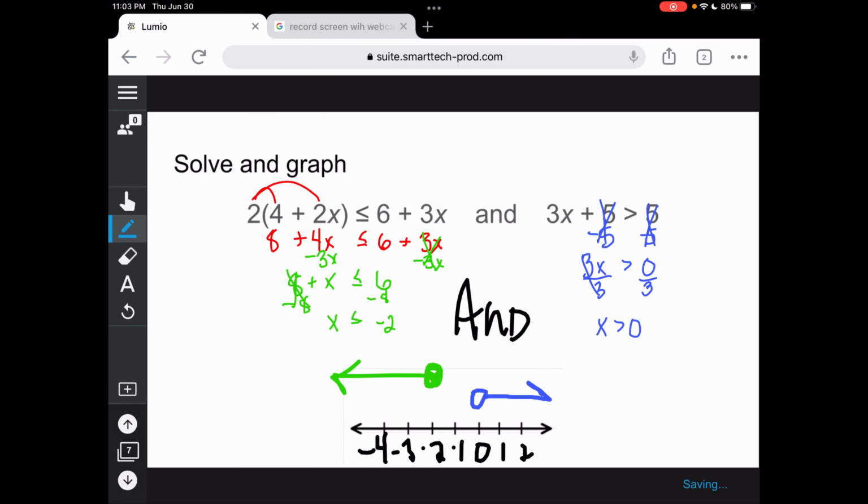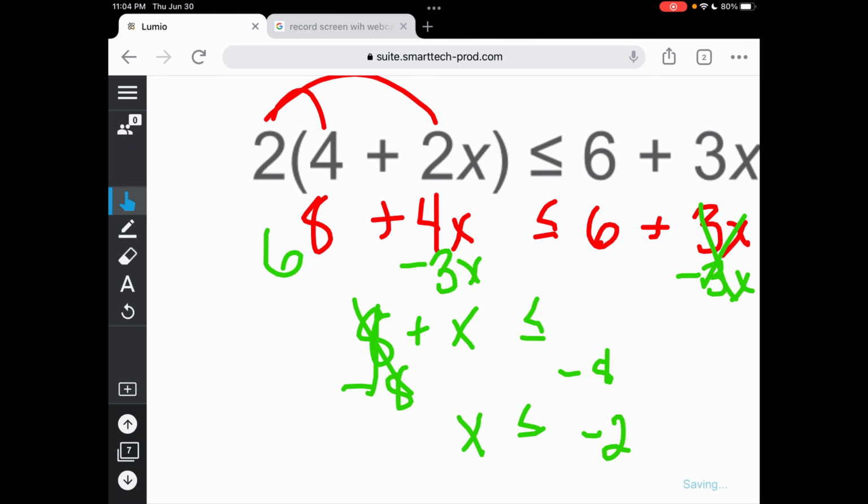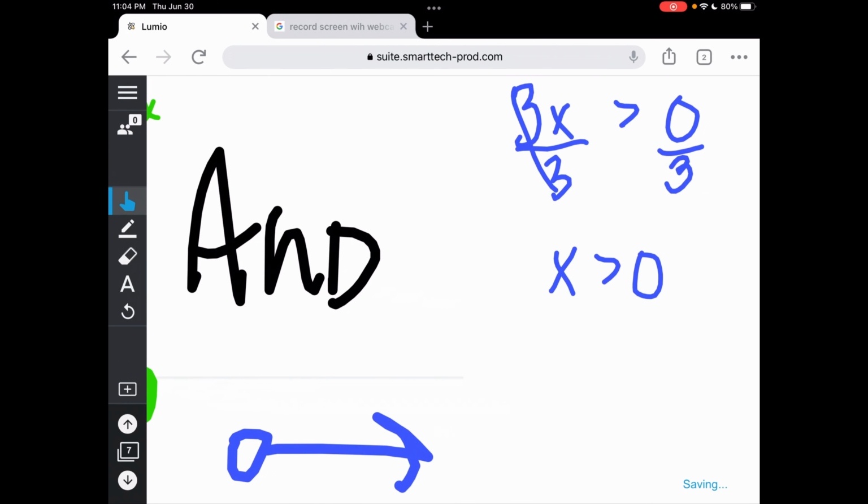Wait a gosh darn minute. If this is an and, there's supposed to be a part where both lines overlay, where the green touches the blue. Well, the green doesn't touch the blue. Let me think logically here. Let me think of a number that is smaller than -2, but also bigger than 0.